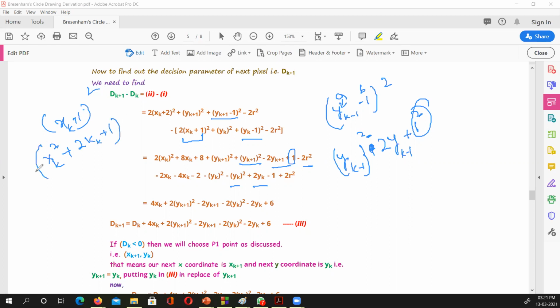Okay, and multiply it with the front 2, that is twice x of k ka square plus twice 2 into 2 is 4 times x of k plus 2. So twice x of k ka, this is square. Okay, it is missing here, it's a misprint. It's 4 of x of k.